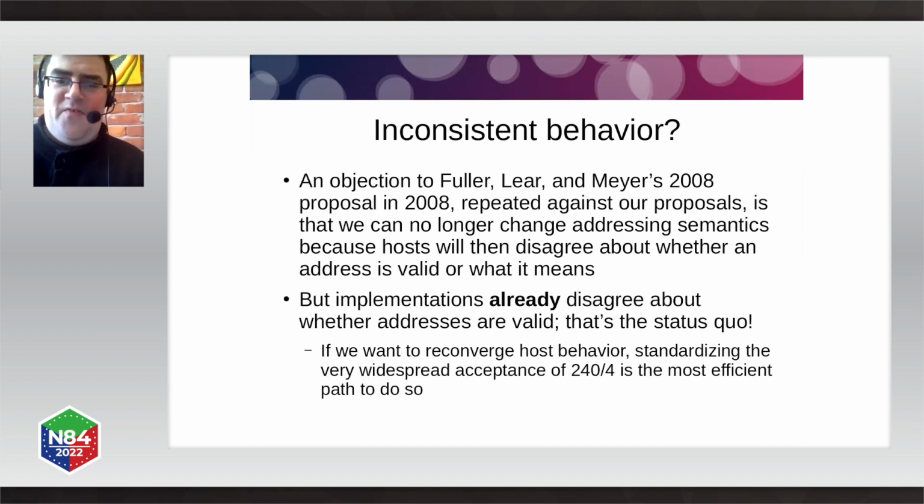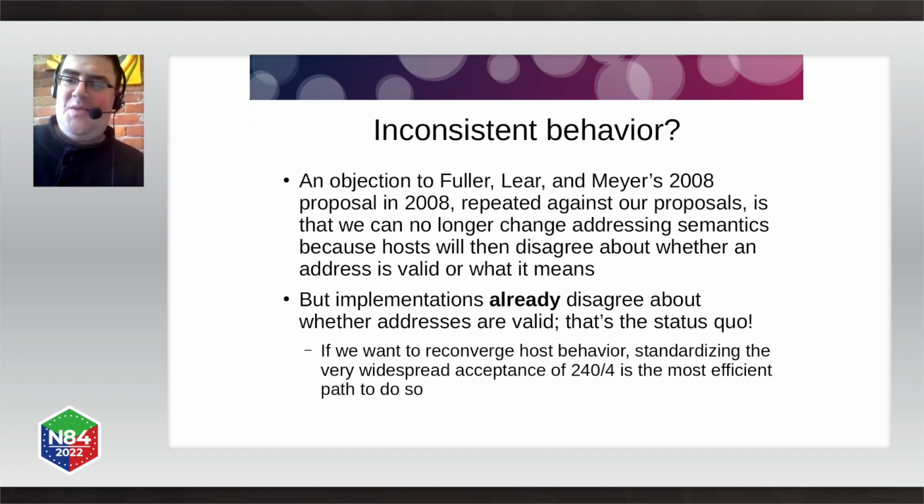Now, in 2008, Fuller, Lear, and Meyer proposed that 240/4 should be made available for Unicast, and they proposed that at IETF, and it didn't get adopted as an RFC, though, as I mentioned, it did get adopted by a lot of software implementations. One major concern that was raised at the time is that it's really hard today, with so many implementations out there and such a large installed base of systems on the internet, to change the semantics of address space, because then there will be systems that disagree about what an address means.